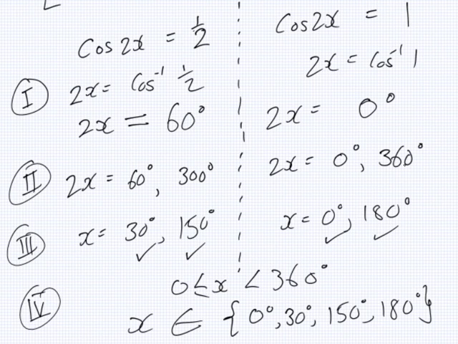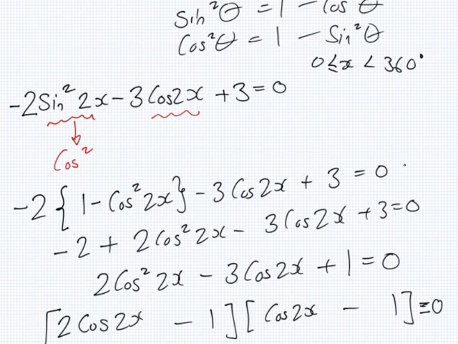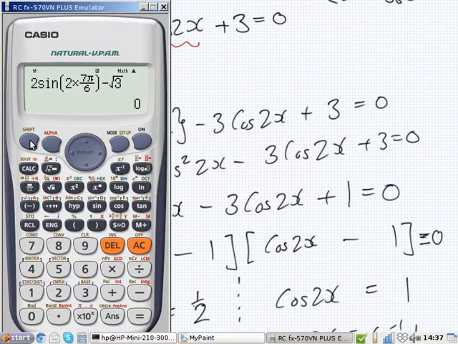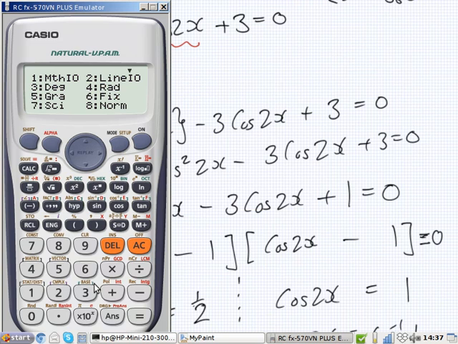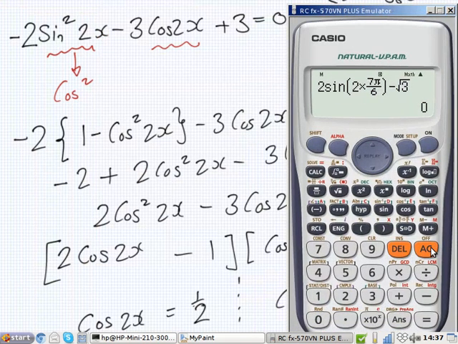Sean, pick one of these angles. Which one will we check? Good choice. Let's check that one. Don't worry, I'll scroll back. Okay. Shift mode degree. Let's see if we get 0.